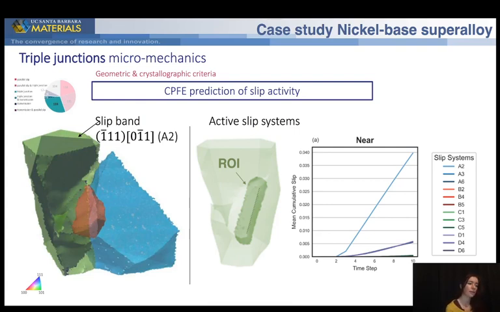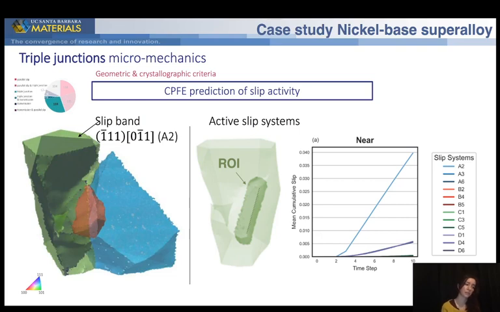This time, only one system is dominant through loading. Some secondary systems eventually become activated, but what we see is that most of the stress is accommodated on one single system, which is A2 from the CPFE calculation, and that corresponds exactly to the experimental observation.